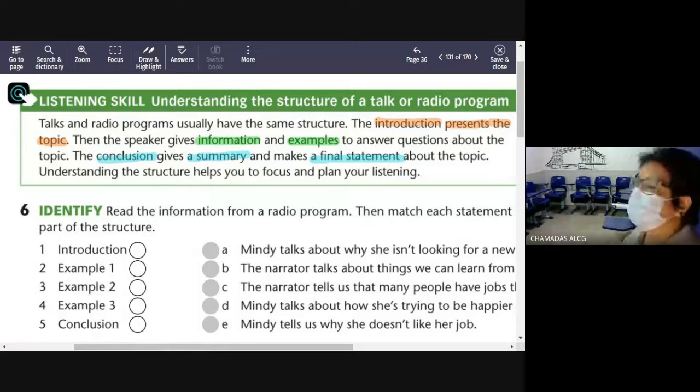After that, Fábio Porchat makes a conclusion. He gives a summary of what the people said, but in a funny way. He says, okay, never travel with fulano, because if you travel with fulano, you can have problems. And then he makes a final statement. It's usually something funny as well, and then he closes his program. Okay? So it's a very good way to make a presentation, a talk show or radio program.